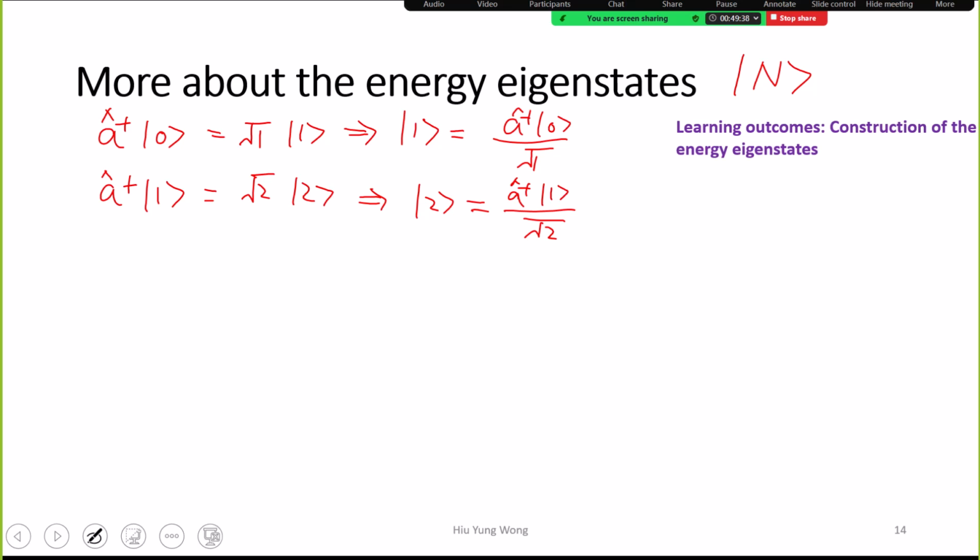But I already know what state 1 is, right? I continue to substitute. This becomes A dagger hat, A dagger 0 divided by square root 2, square root 1. So what I'm doing is just substituting state 1 into here. Is that okay?